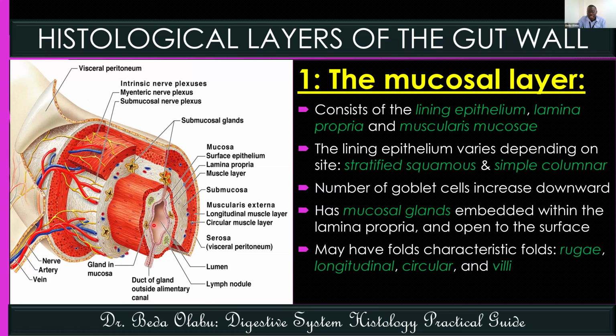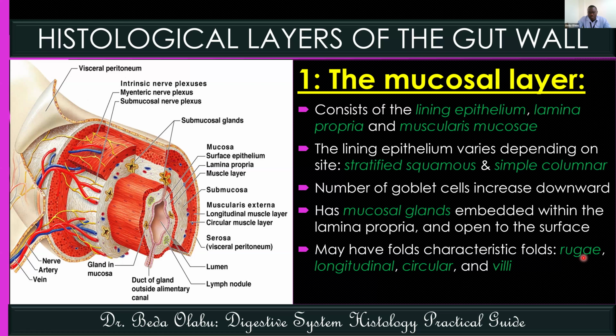But these folds are translated onto the mucosa. So histologically, how this appears is that you'll see a very thick fold of the submucosa. And because of that, the mucosa is also affected. You see an indentation of the mucosa as a result of an underlying fold. So the ones in the stomach are called the rugae. They are a bit irregular and in multiple directions.